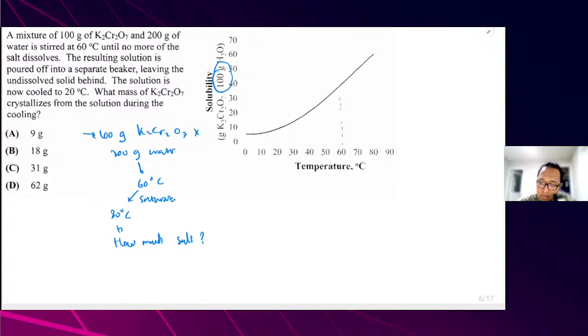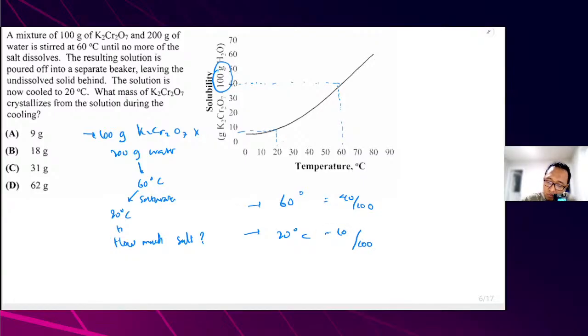You will see at 60 degrees Celsius it's around 40 per 100, right? And then at 20, it might be around 10.